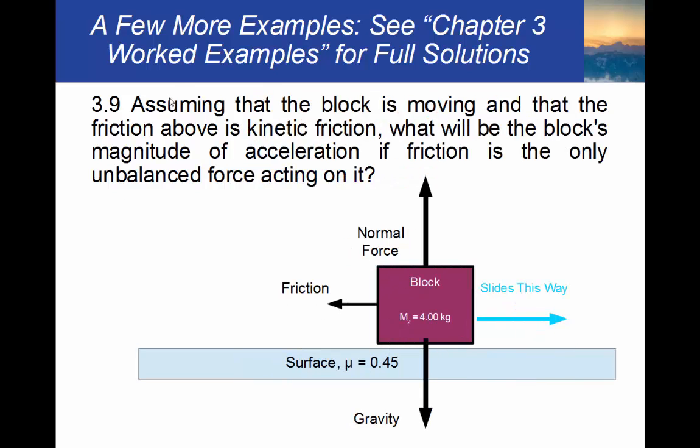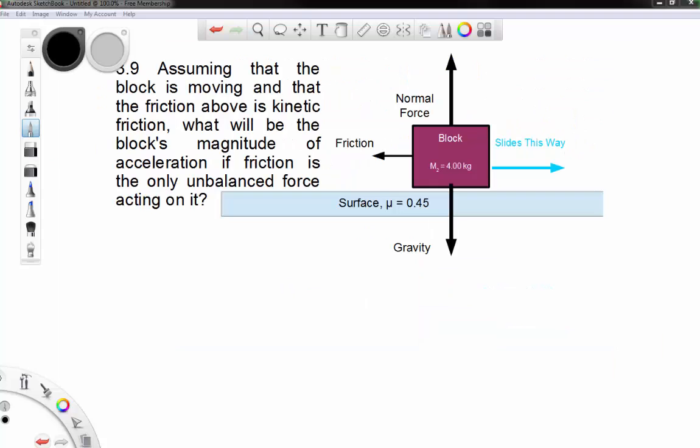Right. So let's look at another question that builds off of these previous couple, which is now we want to know what the acceleration of this block is going to be, assuming that this force diagram is correct. In other words, normal force and gravity are perfectly balanced against each other, and friction acts in the direction opposite that the block is sliding in, but there are no further forces acting upon the block.